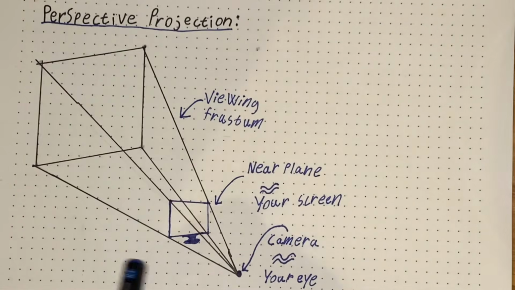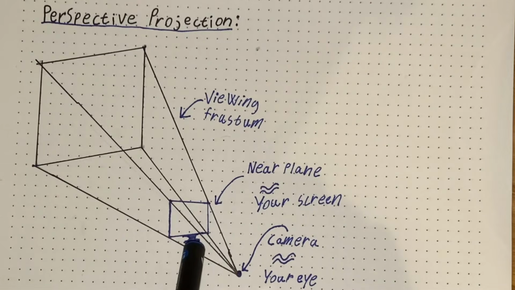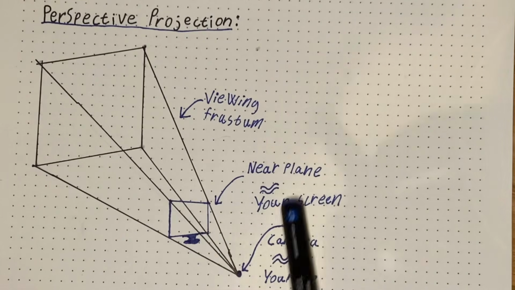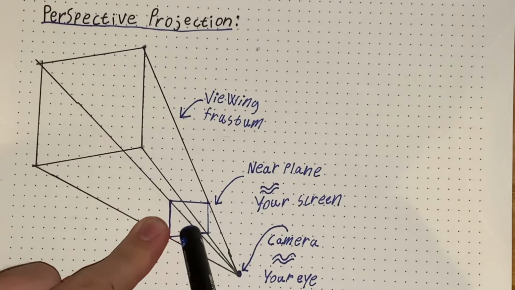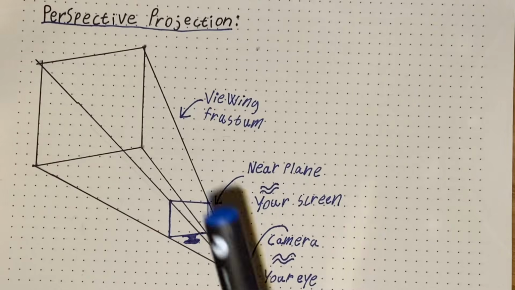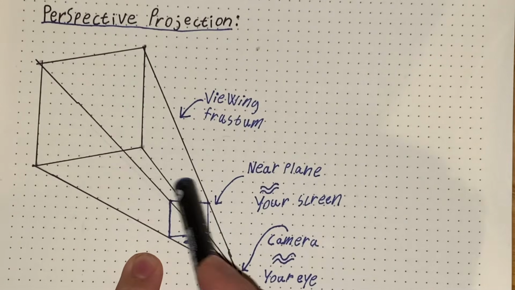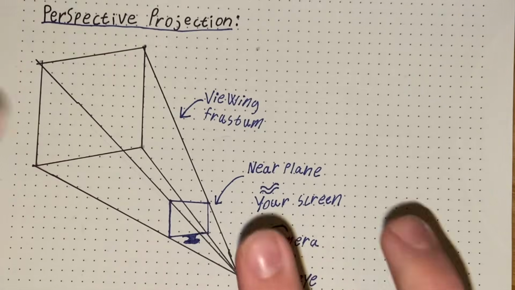And it turns out that we can actually use this sort of model to, in a way, look through this screen, or take things in front of this screen in the world space and see where they cross in the screen that I've drawn here, or the near plane.